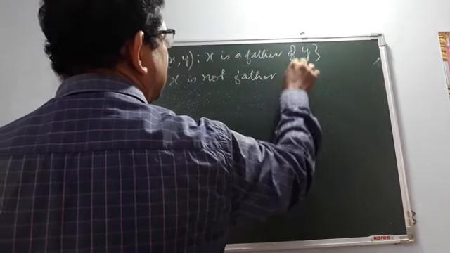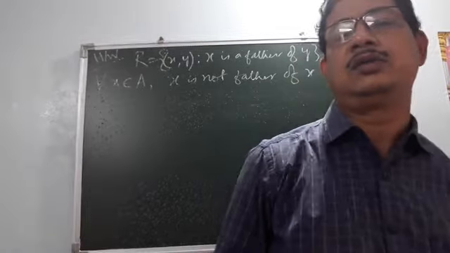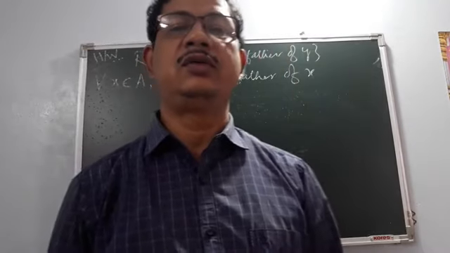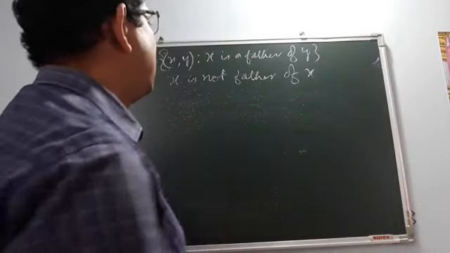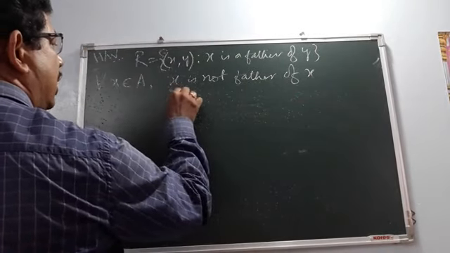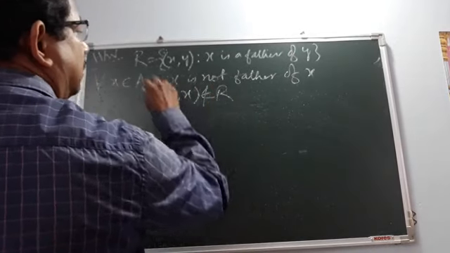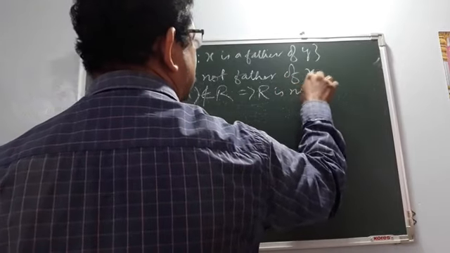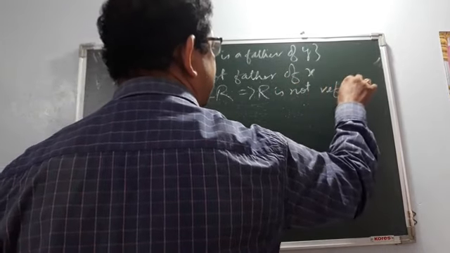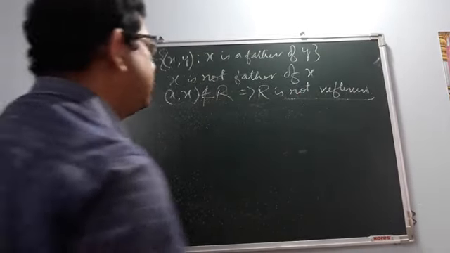One cannot be the father of himself. It is against our society's rule. So (x, x) we cannot get in R, which implies R is not reflexive. We have proved it, because x cannot be the father of himself.